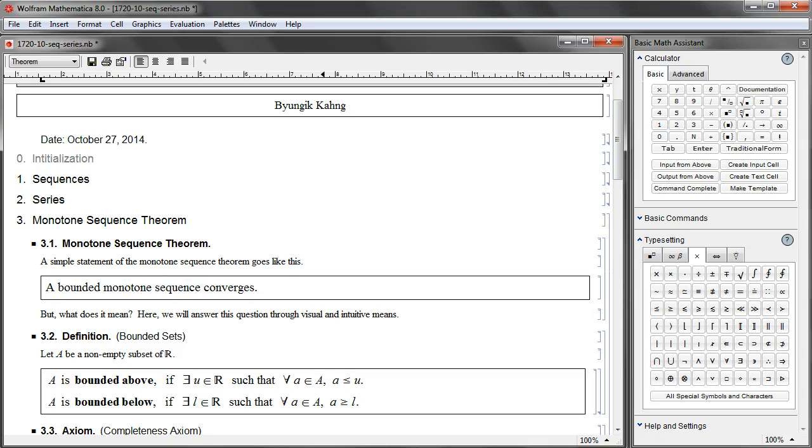So every element of A, which we write as lowercase a, is less than or equal to that u. If that real number u exists, then we say A is bounded above.